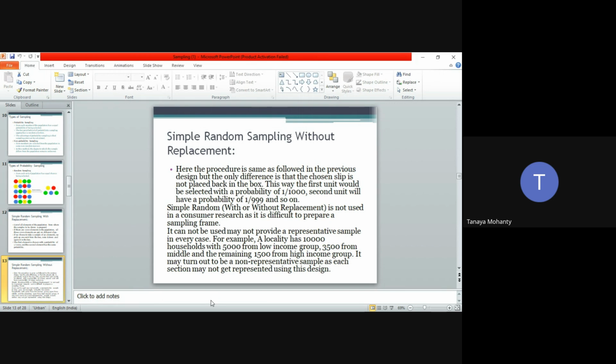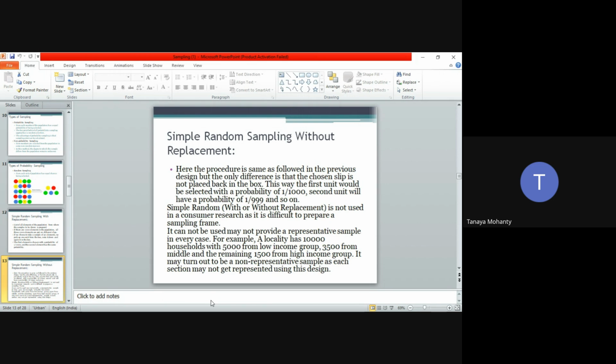So in order to avoid this kind of sampling error, we have to see that every sample that we select for this particular study is appropriately representing each of the three categories. It is proportionately representing.